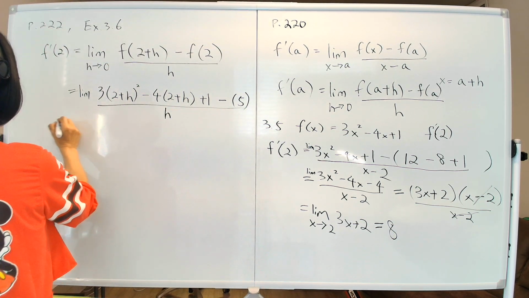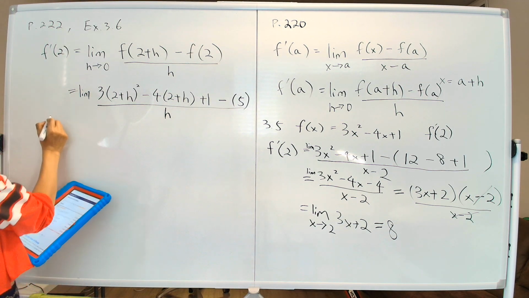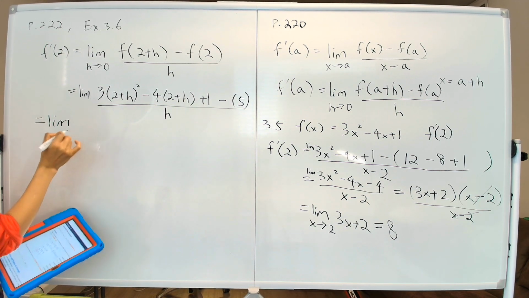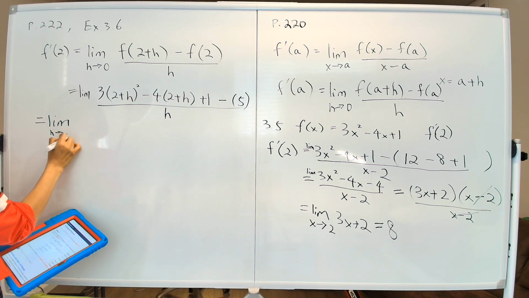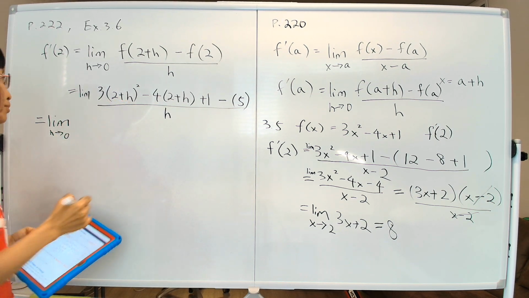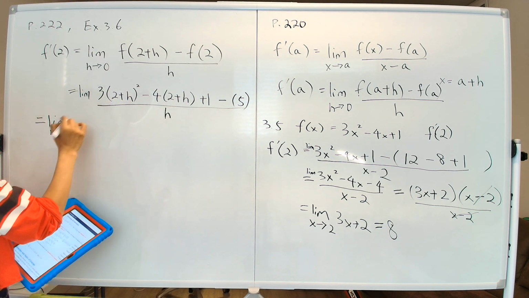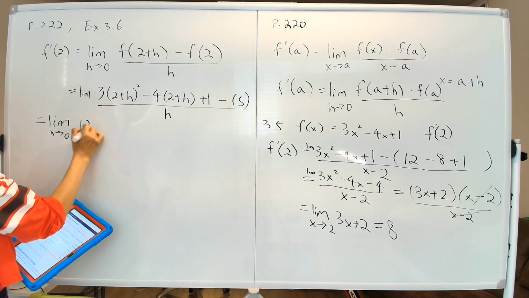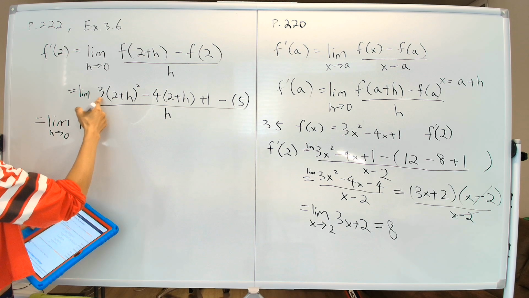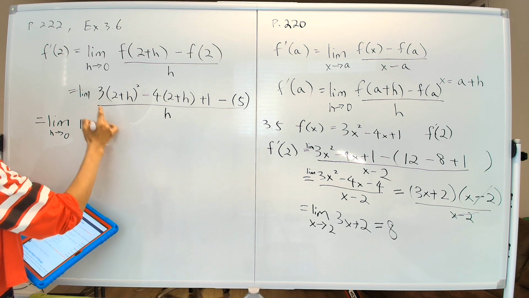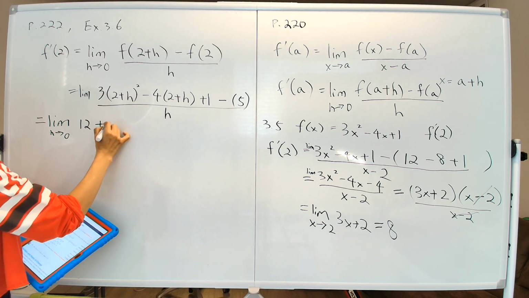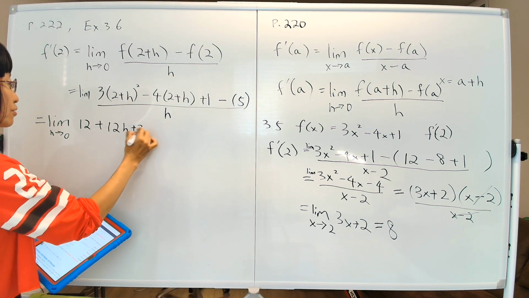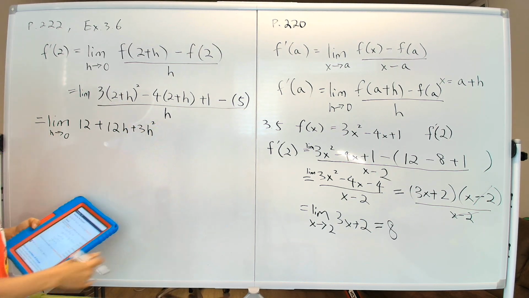And so next, this is equal to the limit as h goes to 0. Now we have to multiply this thing out, which is 12 plus 4 times 3 is also 12, plus 3h squared, right?